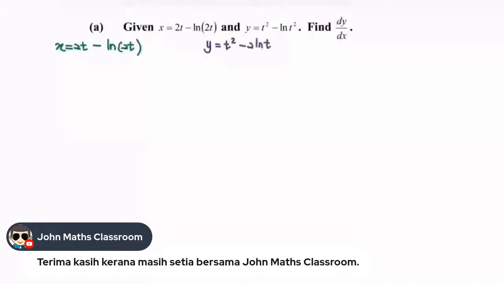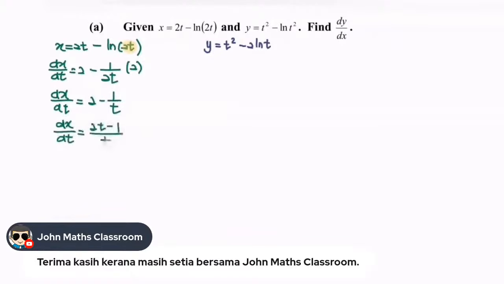So where we will have dx dt is equals to 2 minus 1 over 2t. Do remember to differentiate the internal function, and we will have 2. We write the situation. Dx dt is equals to 2 minus 1 over t. Kindly equate the denominator. So we will have 2t minus 1 over t.